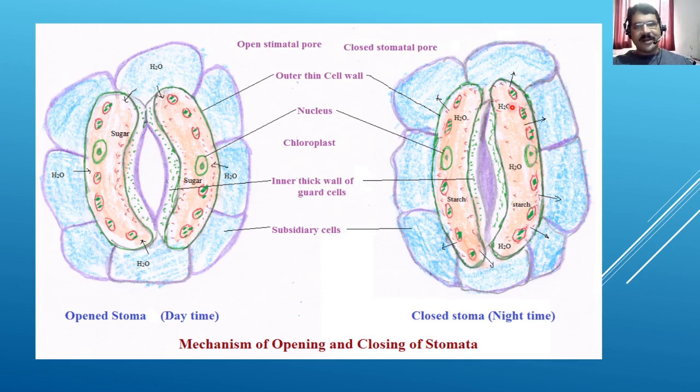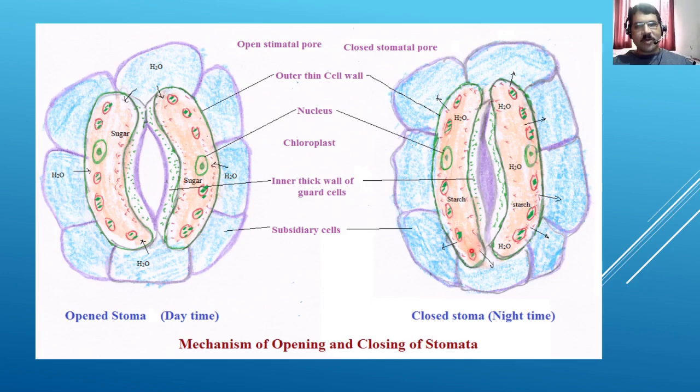So in this condition, the sugar which is produced during daytime again gets converted into starch.